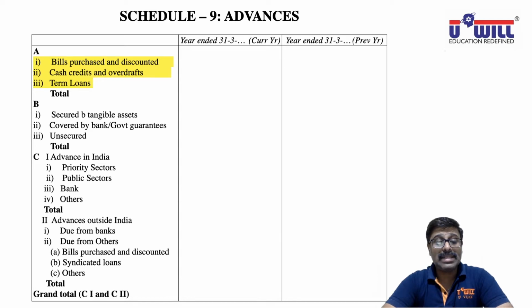Again, how many advances are made in India within priority, public, bank and other sectors, and how many advances are made outside India, that is due from banks, others, bills purchased and discounted, syndicated loans and others. Basically, this B and C is just a disclosure. Extra items that will come will not be included in the total. Total of A, B and C will always come the same.